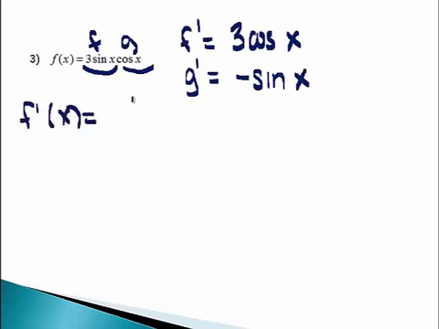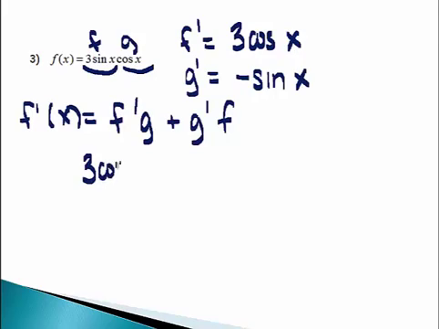So let's start the product rule. I'm just going to keep rewriting the rule. You might want to keep rewriting it until you finally memorize it. F prime g plus g prime f. All right, so your f prime, look up there, is 3 cosine x. And you're timesing that by g. G is cosine x. Plus g prime. So find g prime. G prime is over here.